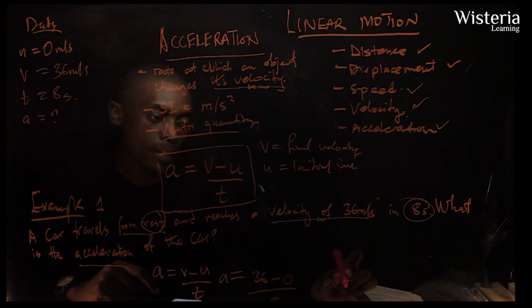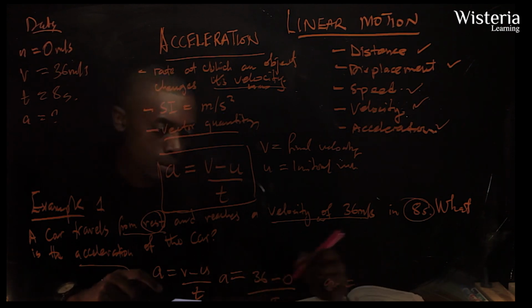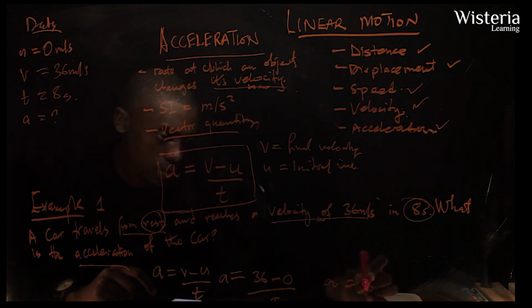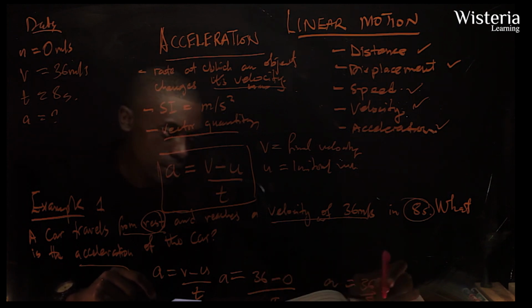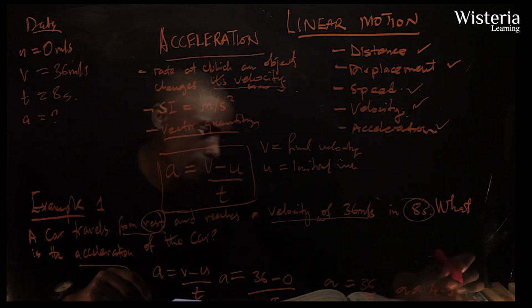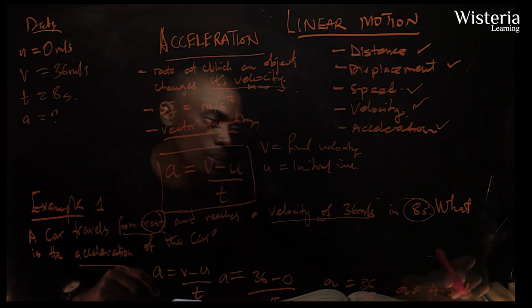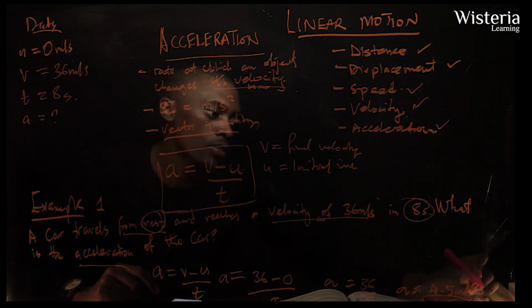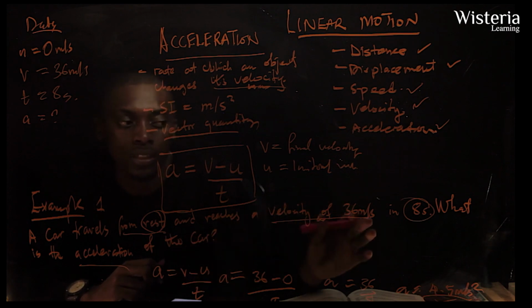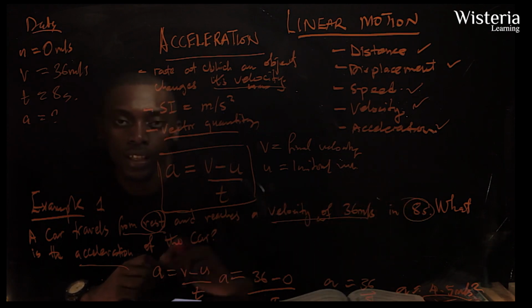Then our acceleration in this formula will give us 36 divided by 8, and finally that will give us 4.5 meters per second squared. So that's how we can calculate the acceleration for an object that changes velocity from 0 meters per second to 36 meters per second in 8 seconds.